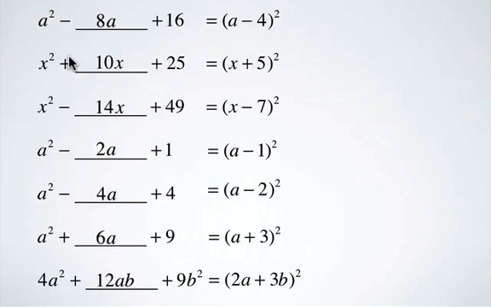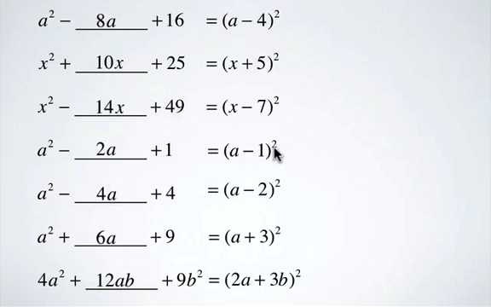The plus sign is here, so we need a plus sign inside. The square root of x, the first term, and the square root of the third term, 5. We take our negative sign here, place it here. x is the square root of the first term, 7 is the square root of the third term.